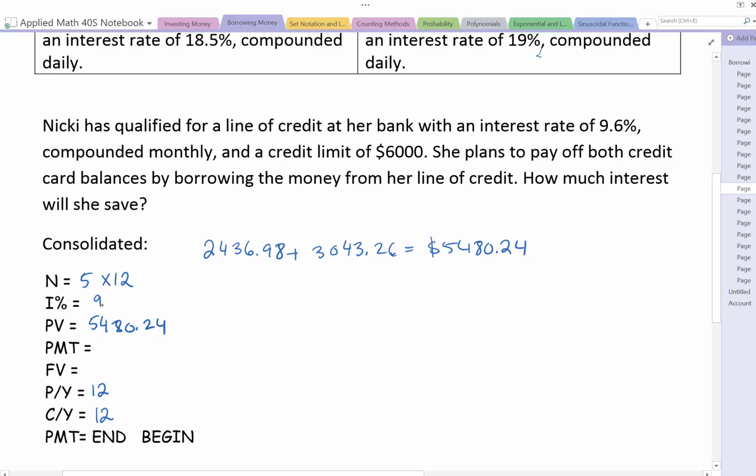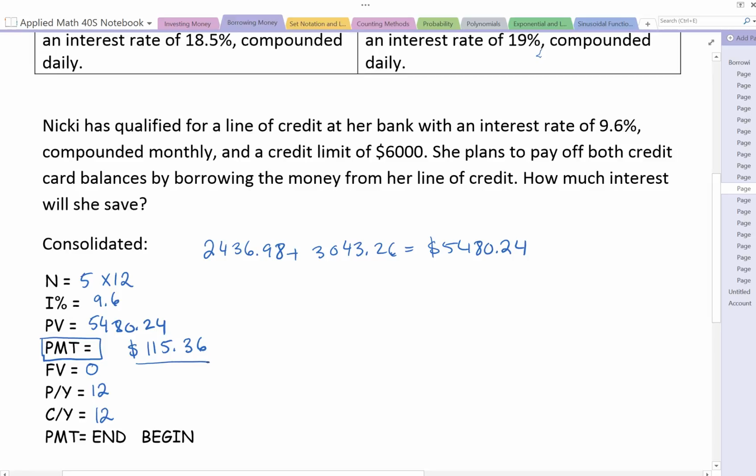The interest rate for your credit line is only 9.6%. Paying it off, so this is 0. So let's put all of this in our TVM solver and see what we get. Doing that, we would have payments of $115.36 every month.